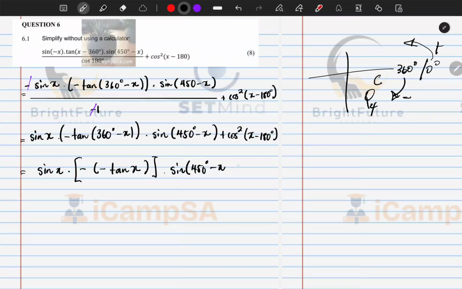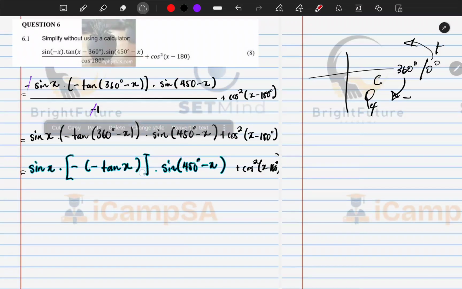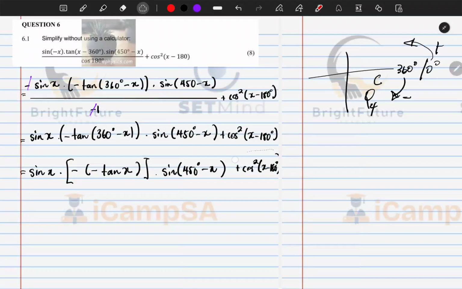Minus x plus cos squared of x minus 180 degrees. So what I'm trying to do here is not confuse you as much. I'm trying to write everything step by step so that you have a good understanding of what you are doing. If we simplify each, you don't have to rush. It's 8 marks. Usually if it's 8 marks, you have to spend 8 minutes. If you can spend less, then that's good.